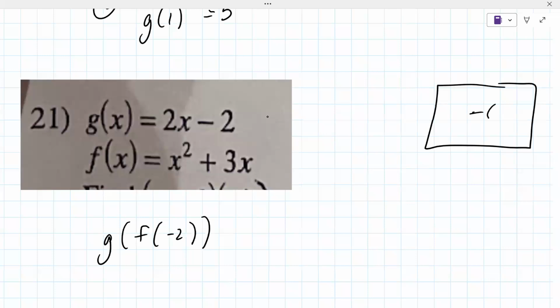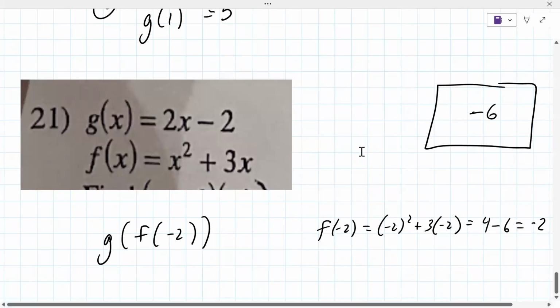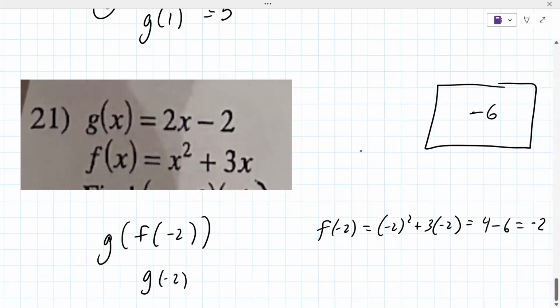That's your final answer? Okay. So f of -2 is (-2) squared plus 3 times -2, which is 4 minus 6, which is -2. Does that match up with what you have? Yeah. All right. And then the rest of it is the same. g of -2: 2 times -2 minus 2 is -6.